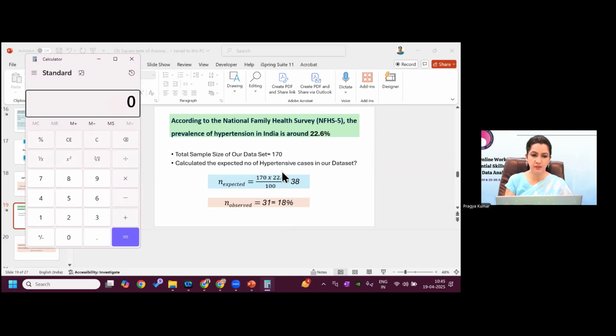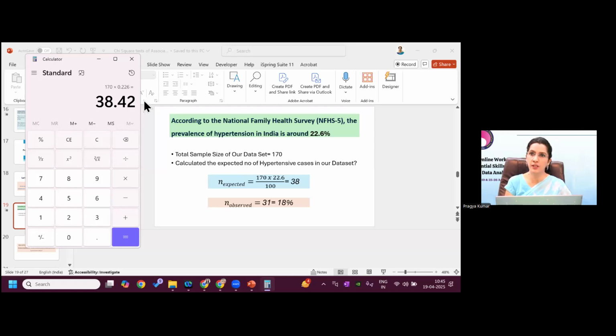It is 38 only, but I'll show how this 43 is coming. So 170 multiplied by 0.226, so it is 38.42.